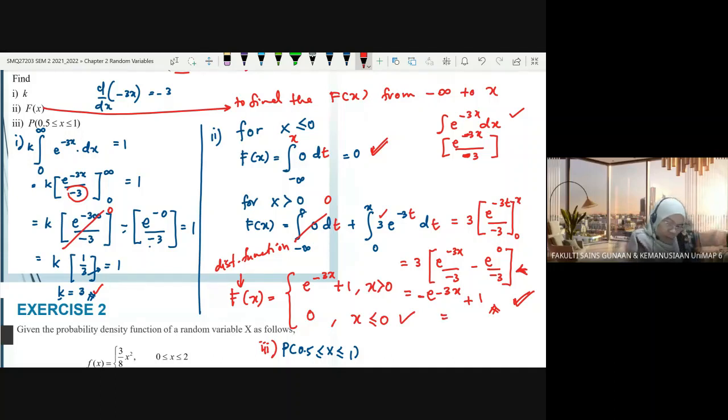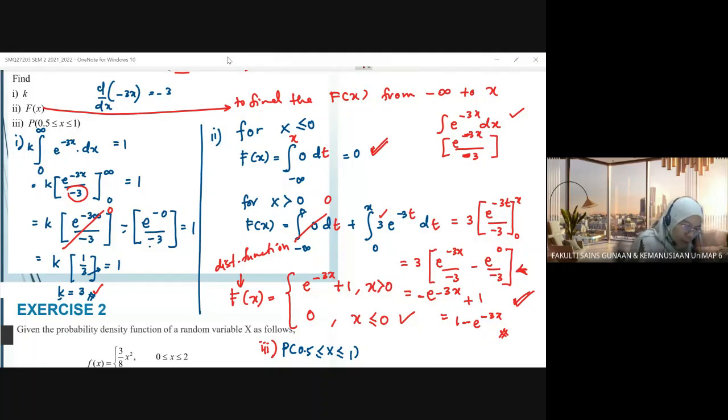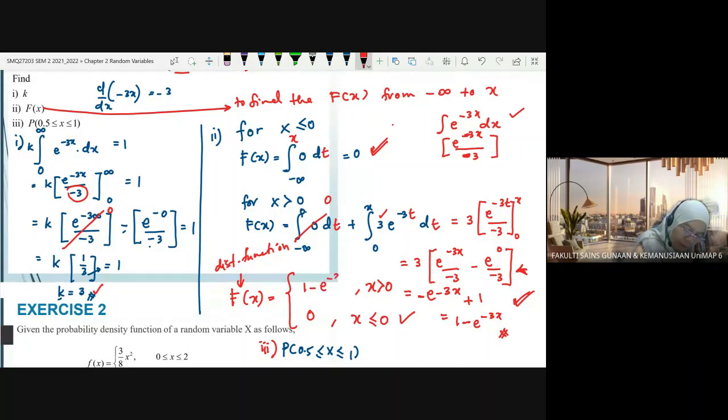So if that's so, it will be 1 minus e to the power of negative 3x. Okay, thank you for correcting me. Let me rewrite again everything. So 1 minus e to the power of negative 3x.